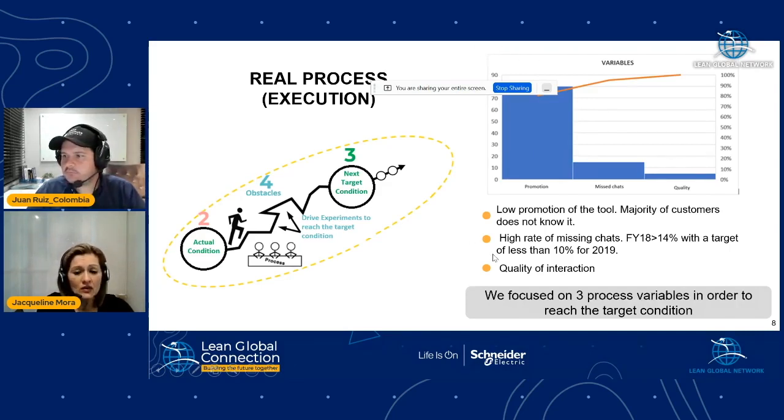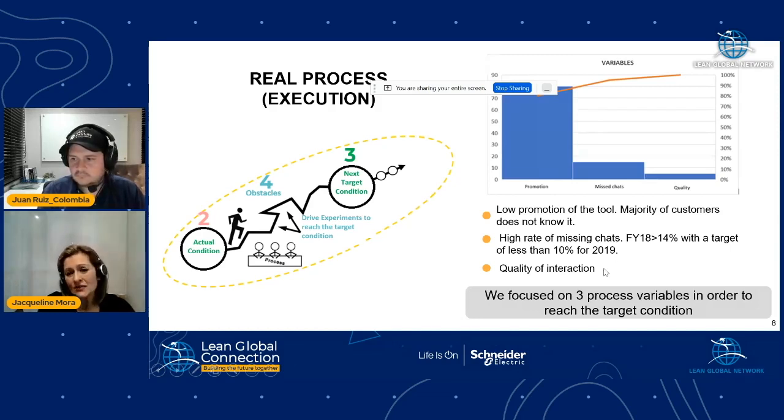The second cause was related to the high rate of missing chats. So our agents, our professionals in the customer care center, couldn't close their windows, nor receive any new requests from customers. So again, we need to change our people's habits in order to get the correct answer to customers.